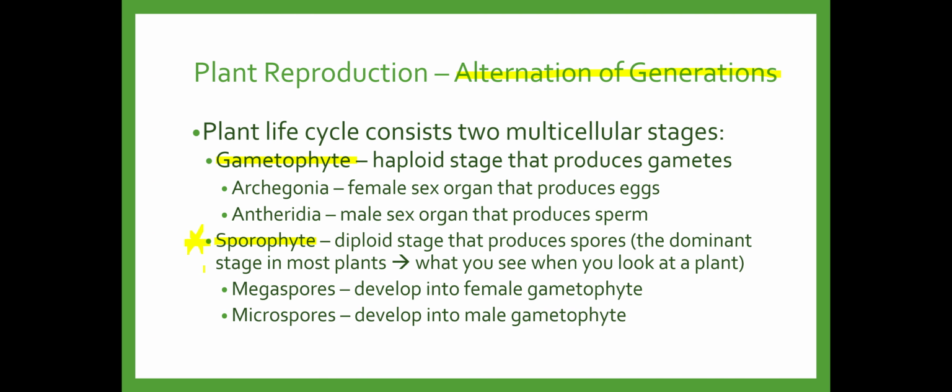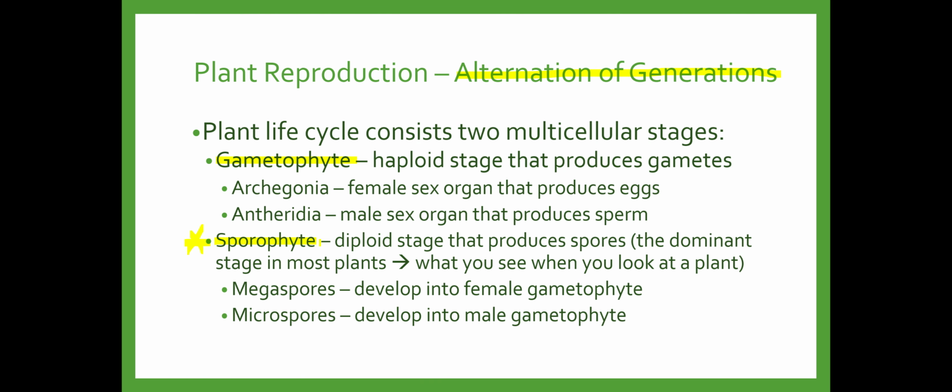So when you think about a tree, or a flower, or grass, this is going to be the sporophyte generation. Okay. Now, sometimes these gametophytes are smaller and hidden, but at some point in the life cycle of the plant, they will have a multicellular gametophyte and a multicellular sporophyte.